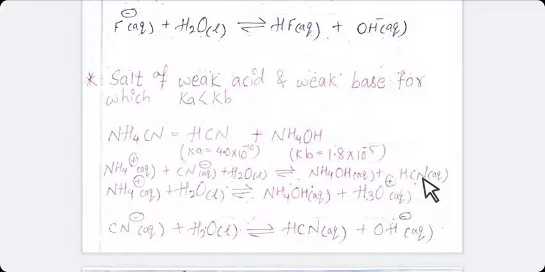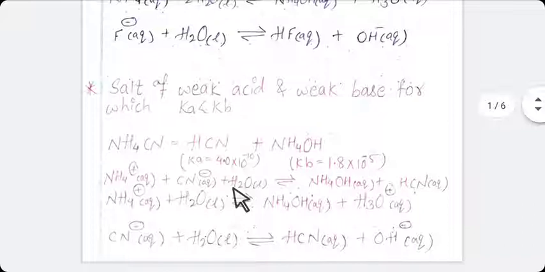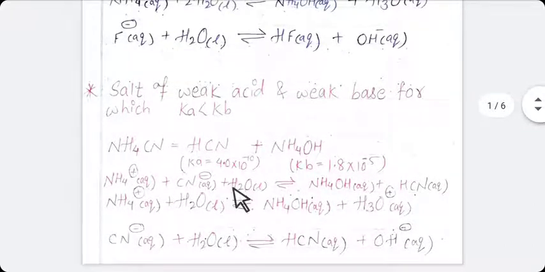As you have seen, students, in all the reactions of this topic we are using a reversible sign. So the weak base and weak acid again give NH4+ and CN- plus H2O, or NH4+ and CN- hydrolyze with water and give NH4OH and HCN.